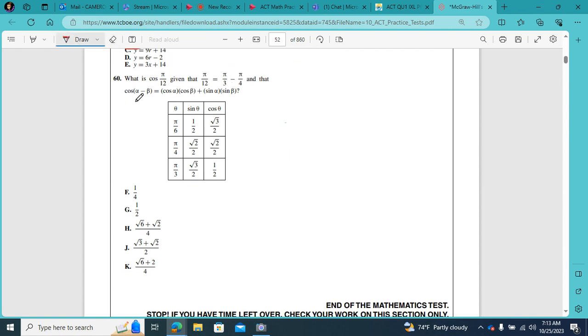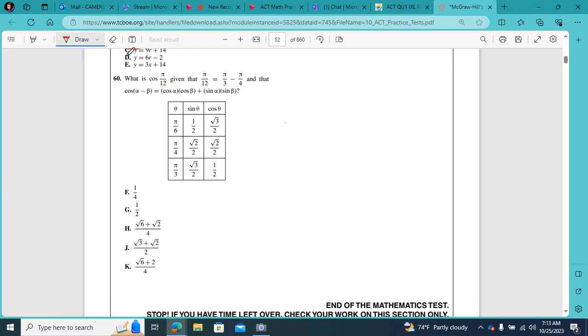And that the cosine of alpha minus beta equals the cosine of alpha times the cosine of beta plus the sine of alpha times the sine of beta. So this question has us following directions step by step.